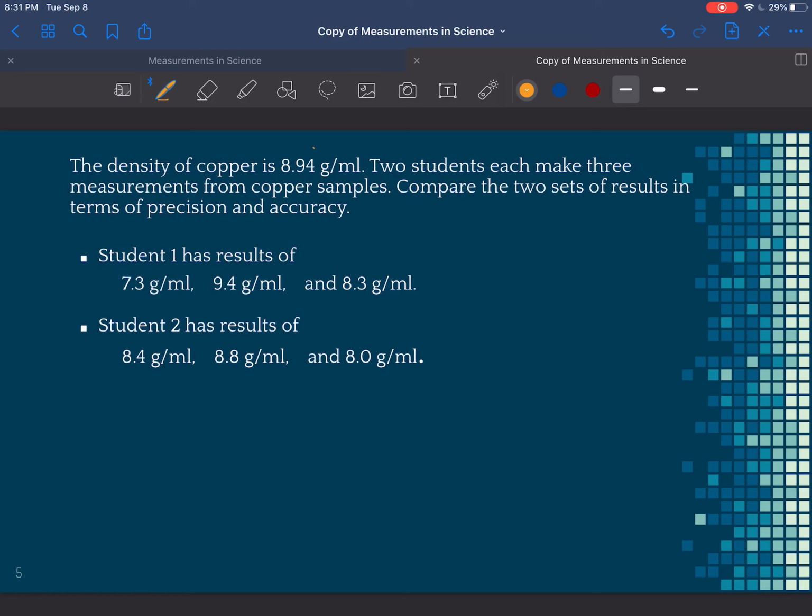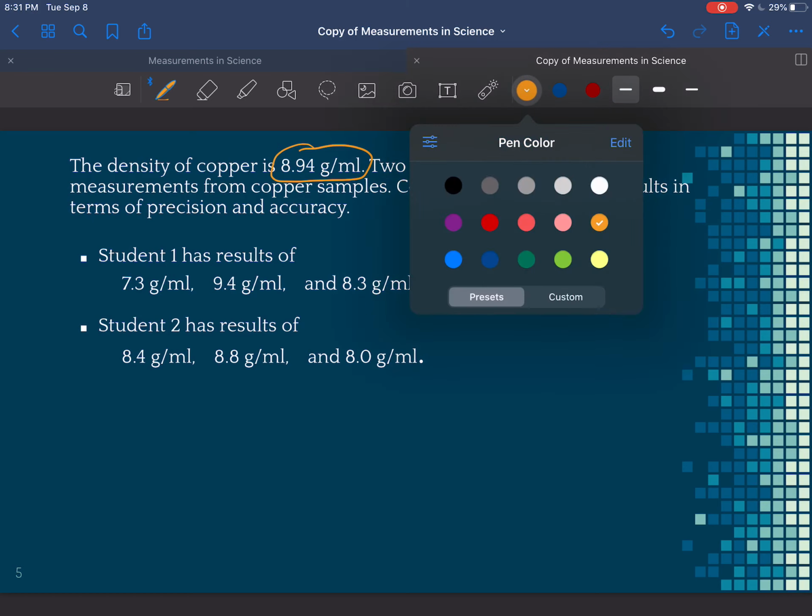So the target, the bullseye, is 8.94 grams. And what we're trying to see is how close students 1 and 2 are to the target. That would answer accuracy.